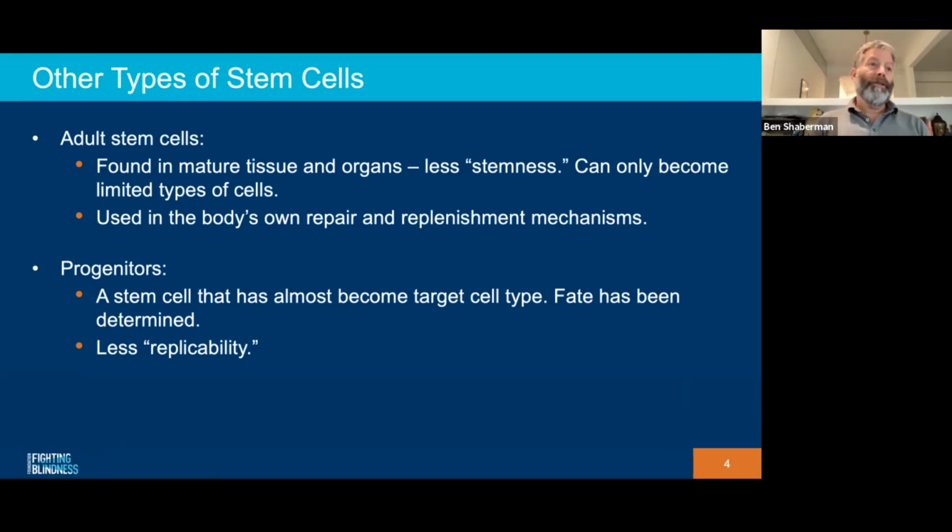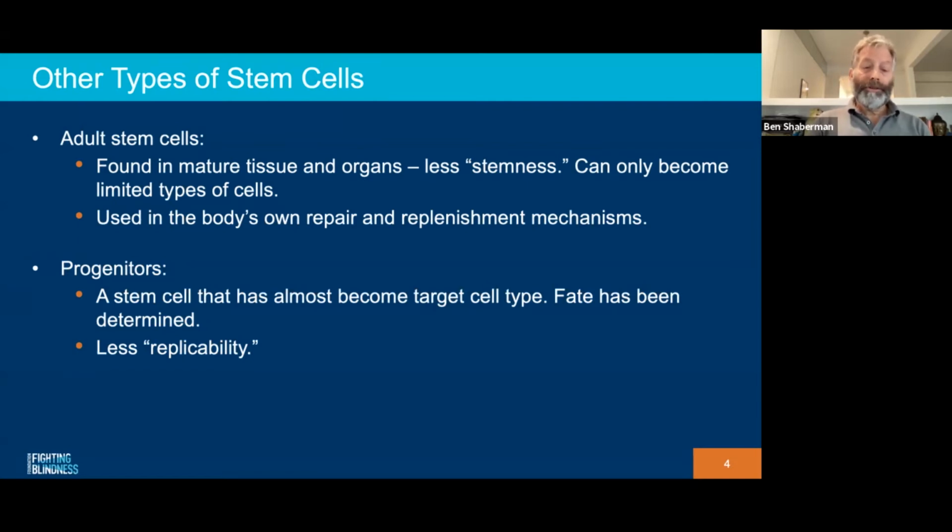So you skin your knee, you break a bone, and it's stem cells that are able to grow new tissue to repair and again replenish our tissue and our organs. Now, these cells are not so common. They're relatively rare in our bodies, and they have less stemness. That is, their fate is less flexible. They can only become a limited type of cells in our body.